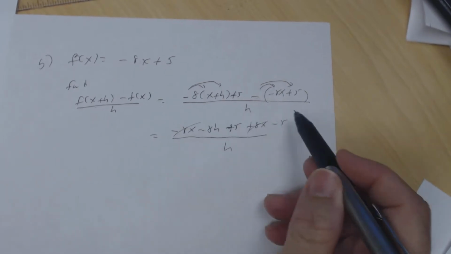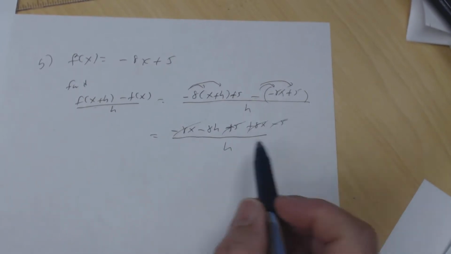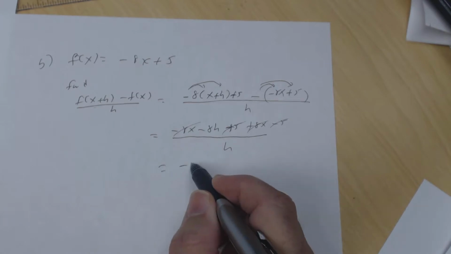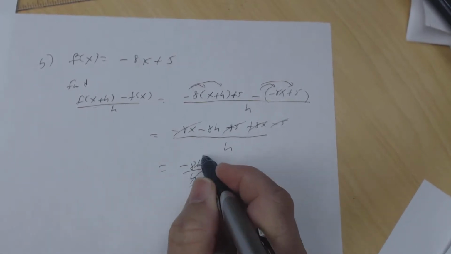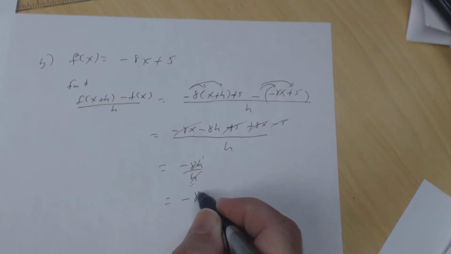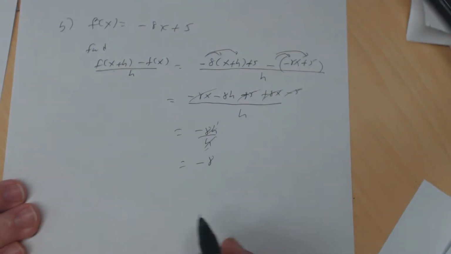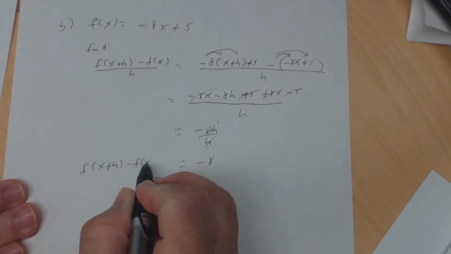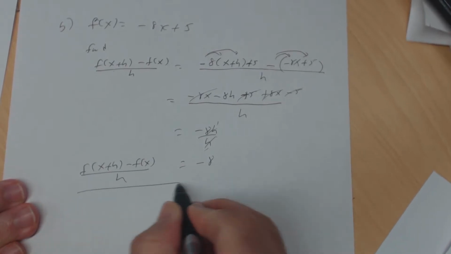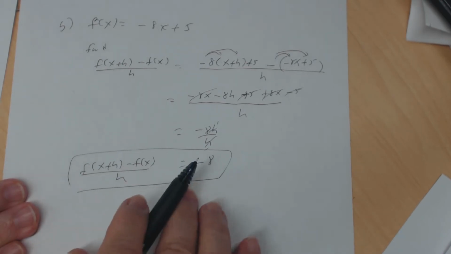All right, so these cancel out, these cancel out, so you're left with negative 8h over h, and then reduce, the h's divide out, and you're left with negative 8. So that's what this is. So f of x plus h minus f of x over h equals negative 8. So that's what the difference quotient is.